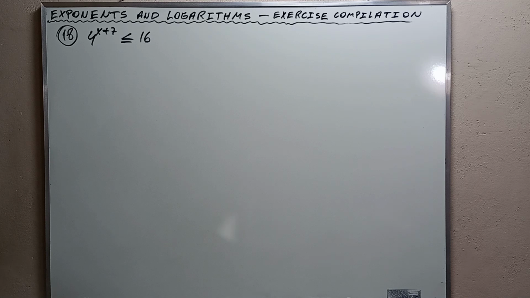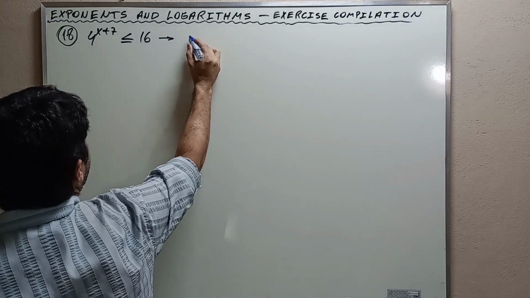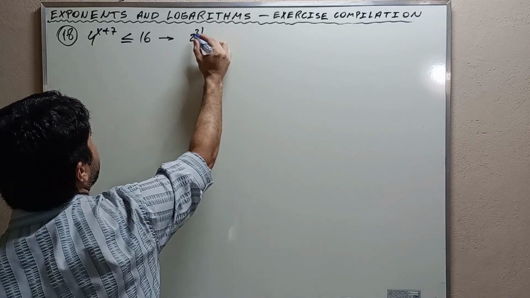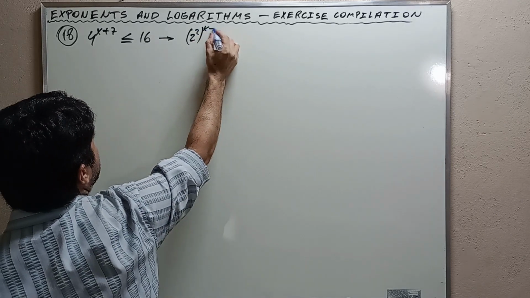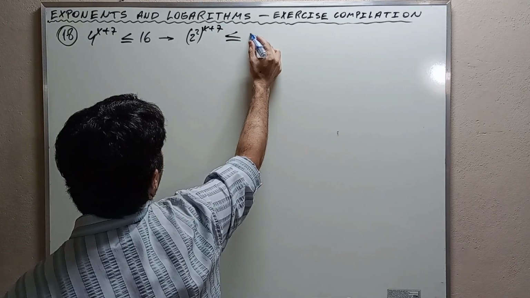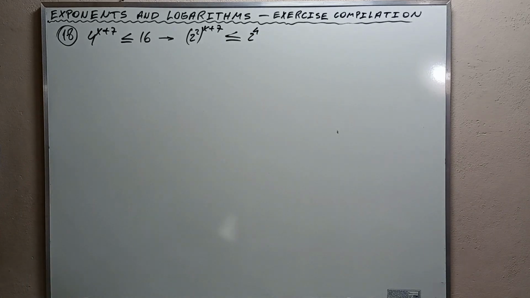The solution is this, my friends. Reducing both sides to base 2, we get 2 squared, because 4 is 2 squared, raised to the power of x plus 7, less than or equal to 2 to the 4th. Okay, 16 is 2 to the 4th.